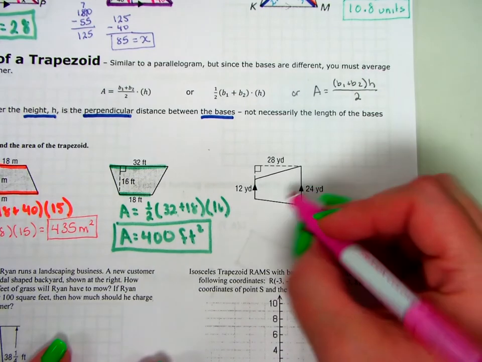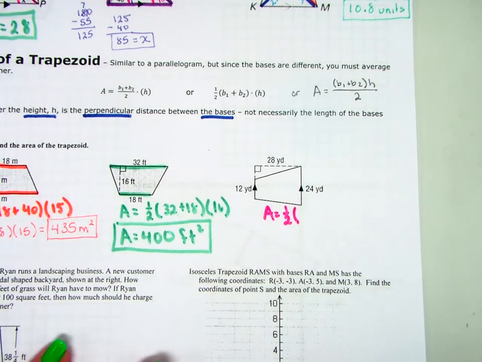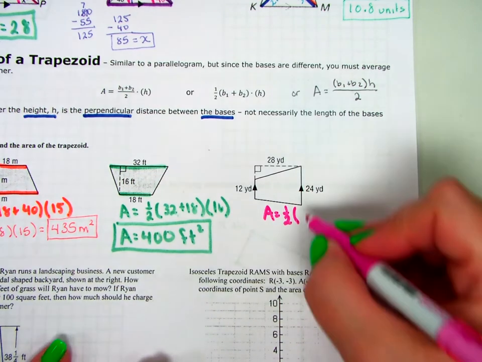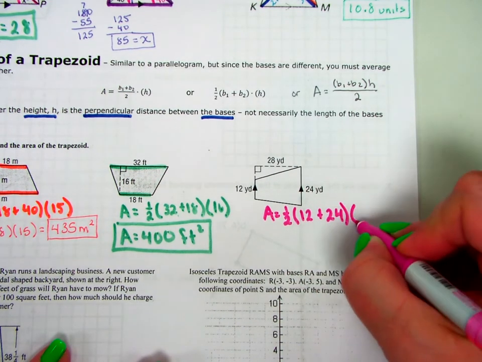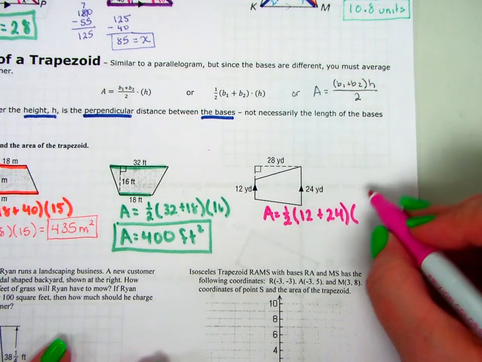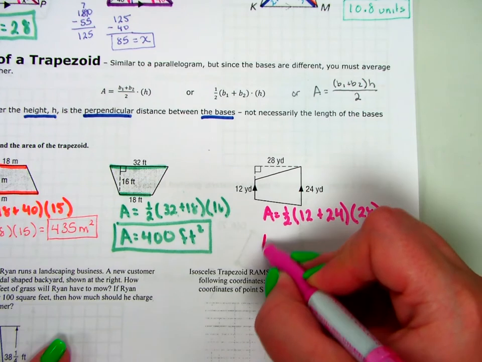All right. And then the last one on this row, area equals 1/2. What are my two bases? 12 and 24. It's okay that it's sideways. What's my height? 28.